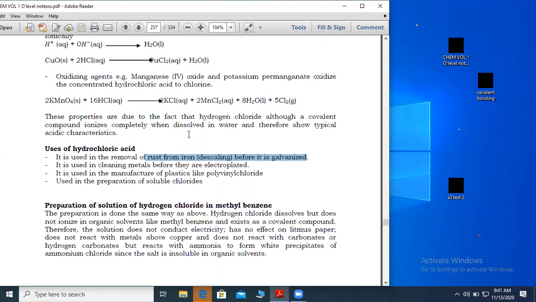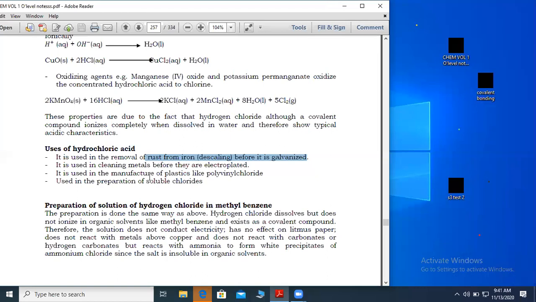So hydrochloric acid can be used to clean the iron before it is galvanized, to remove impurities or dust particles. It is used in cleaning of metals before they are electroplated. That is the same thing.